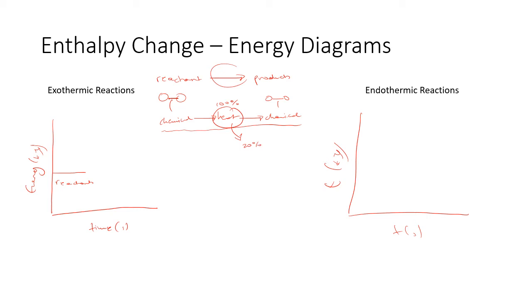So at the end, we can't have as much energy in the bonds of the products as the reactants. So the energy at the end of the reaction, the energy stored in the bonds of the products, will be lower than the energy stored in the bonds of the reactants. And I'll label that products.